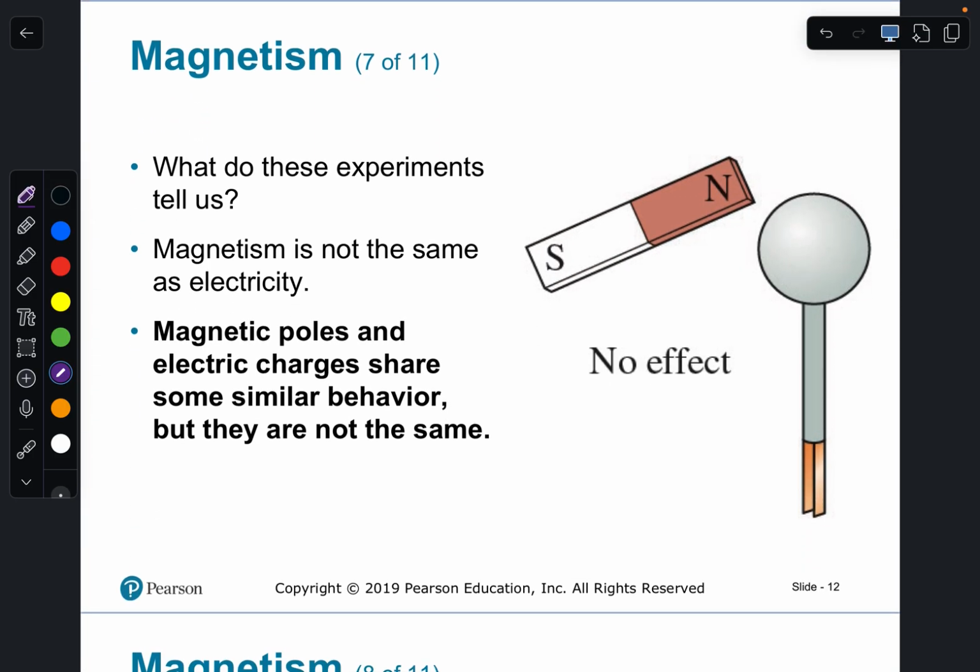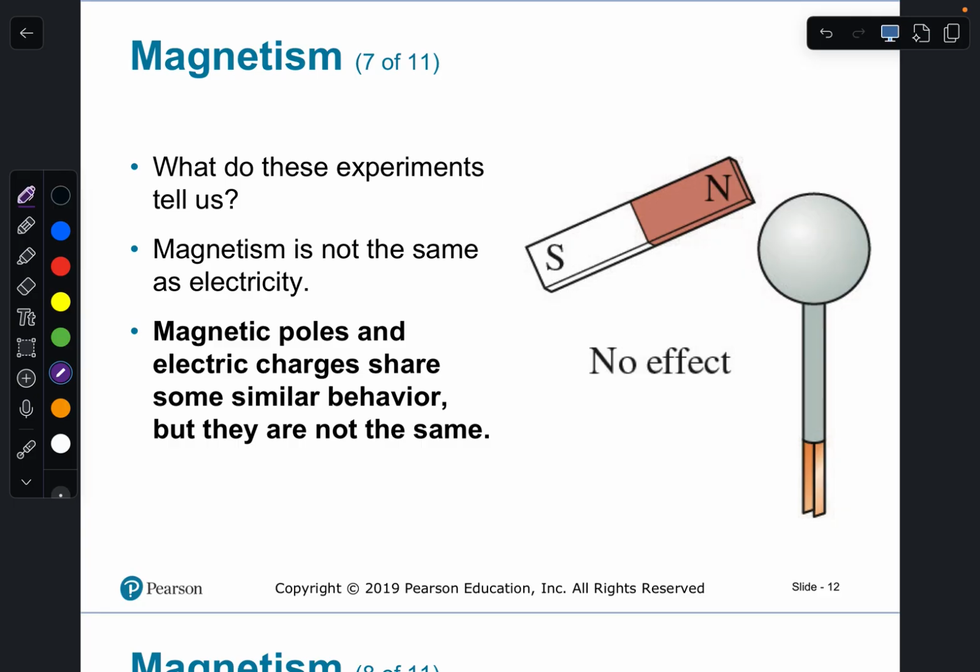So there are some similarities, right? What do these experiments tell us? Well, there are differences and some similarities between magnetism and electric force, okay? What were some of the similarities? Opposites attract, like repel. If you come up here, you can feel the repulsive force, right?